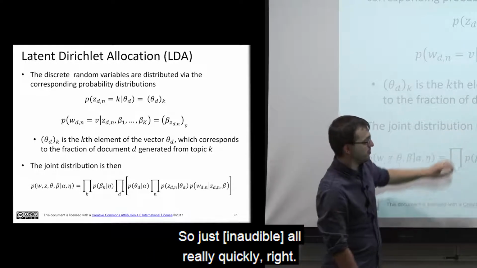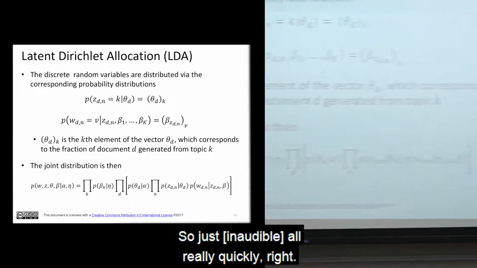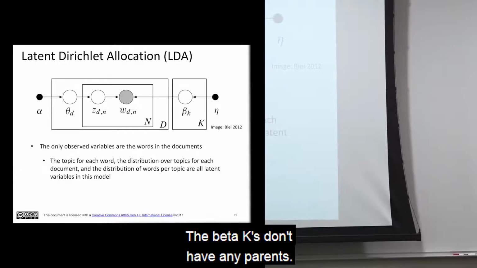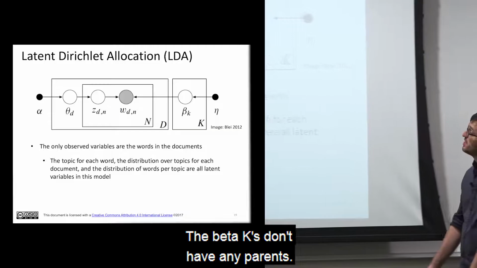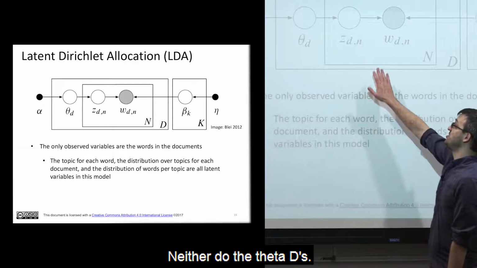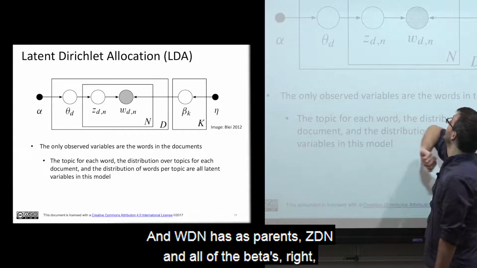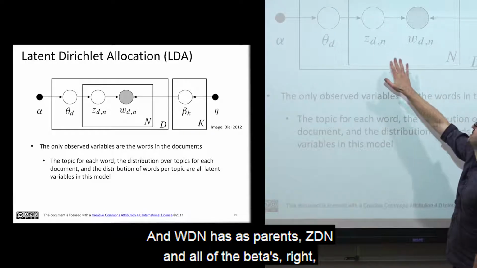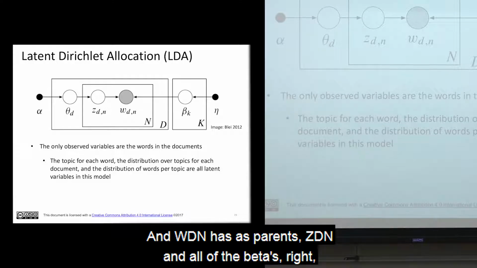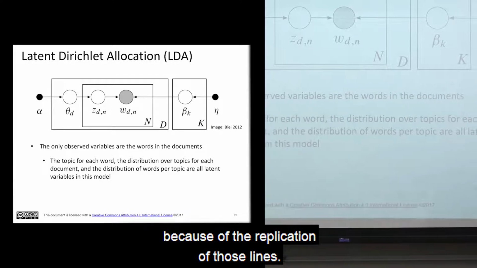So back to the model really quickly: the beta k's don't have any parents, neither do the theta d's, but z_dn has as its parent theta d, and w_dn has as parents z_dn and all of the betas, because of the replication of those lines.